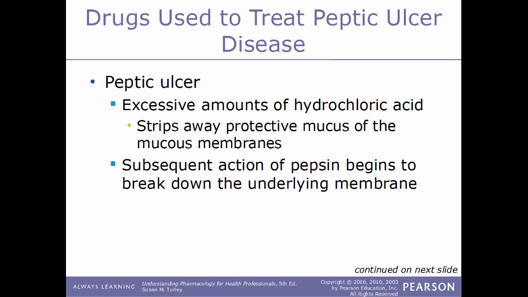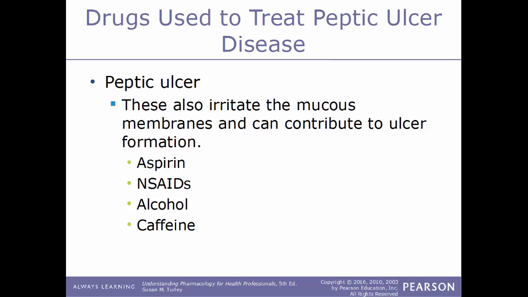And after that, the subsequent action of pepsin begins to break down the underlying tissues. There are some common products that can contribute to the formation of an ulcer because they irritate the mucous membranes, and some of those products would include aspirins, NSAIDs, non-steroidal anti-inflammatory drugs, alcohol, and caffeine. So if you have any type of peptic ulcer, any one of these will make it feel a lot worse.